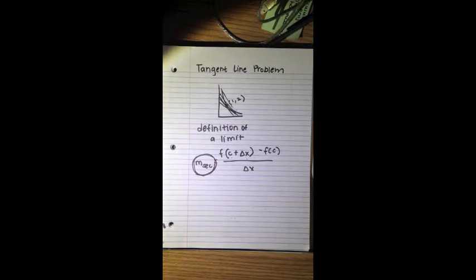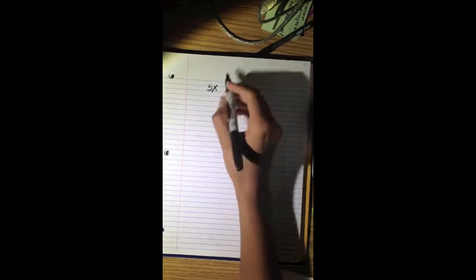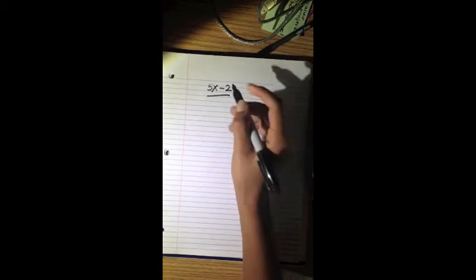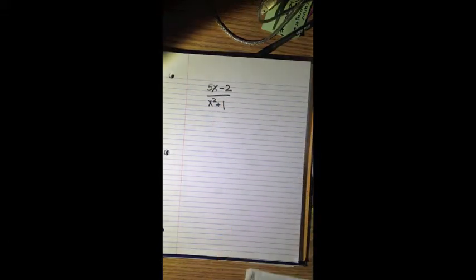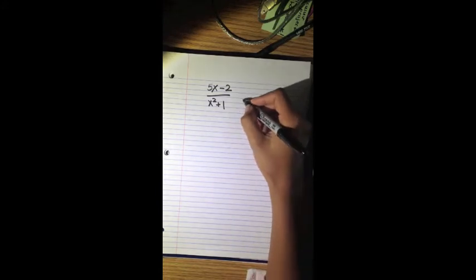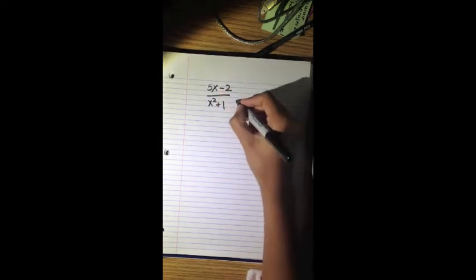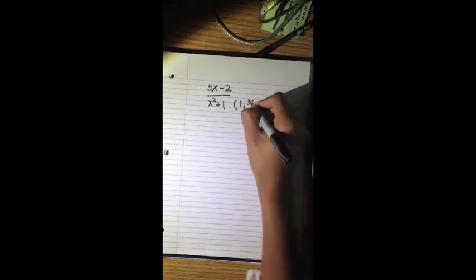So, for example, given the function (5x - 2)/(x^2 + 1), let's say the problem asks you to find the equation of the tangent line to this function at the point (1, 3/2).